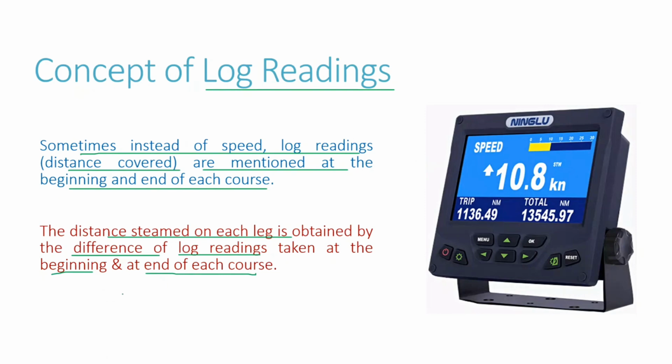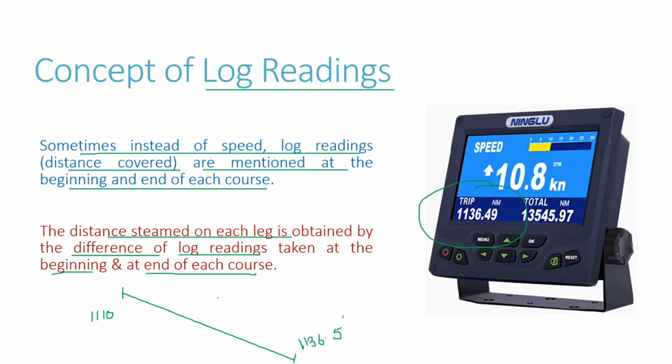Let us say you were moving on a particular course. When you started moving, the log reading was 1110, and when you ended on this particular course, the log reading was 1136.5.